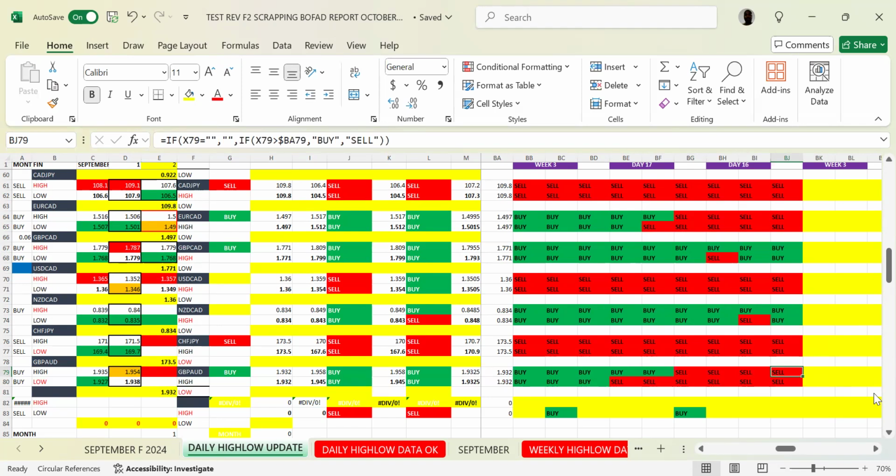So today, as you can see, today is the 5th of October. Okay, so according to today, the 5th of October, the report is telling us GBPUSD to sell. So let me call the decisions out for you.